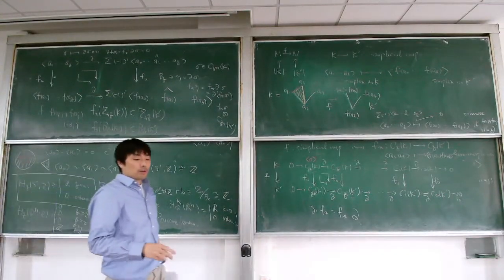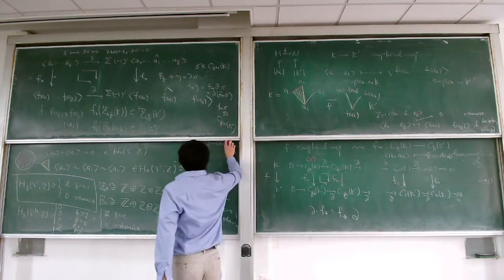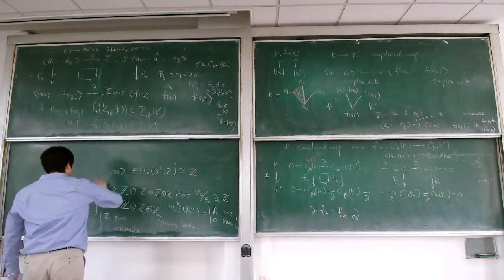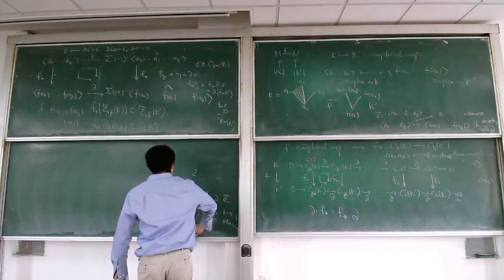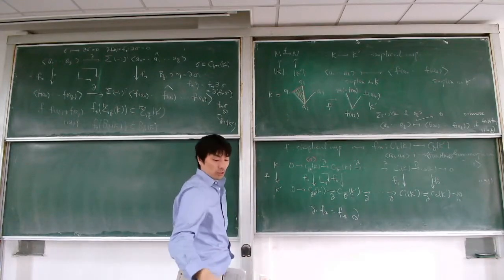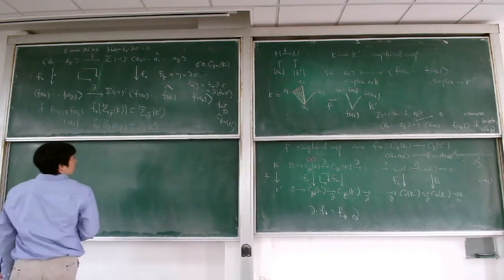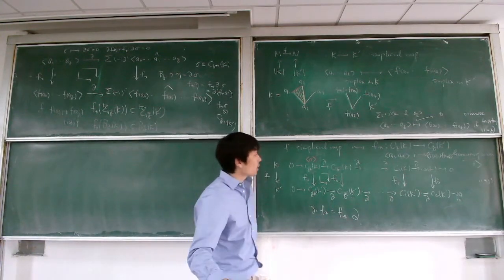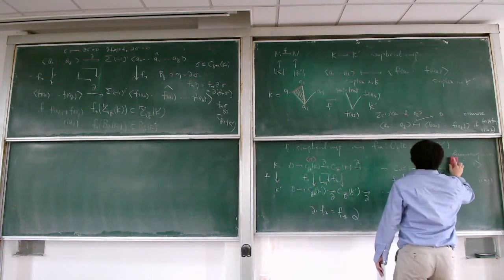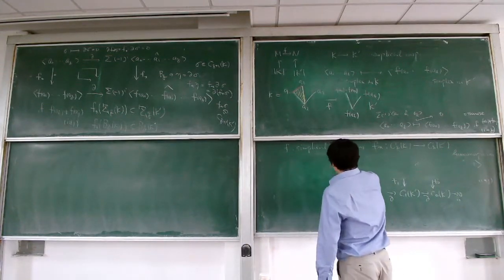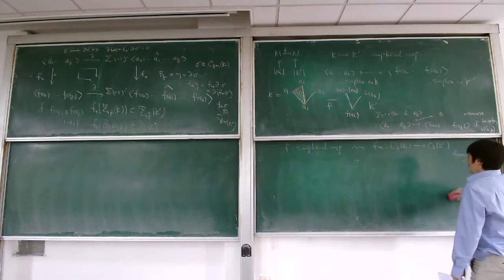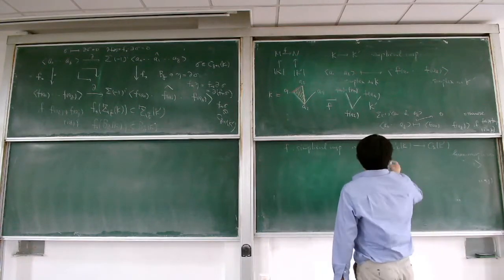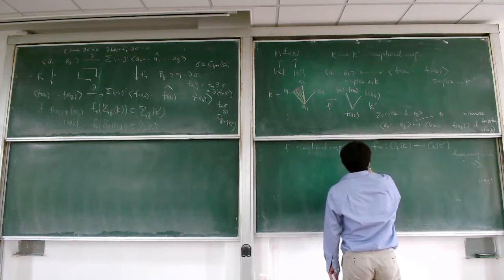So one can easily show this. What we have done is that F induces a homomorphism of chain complexes.